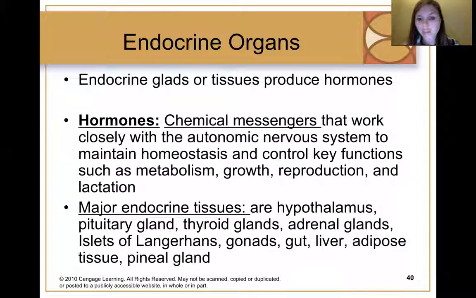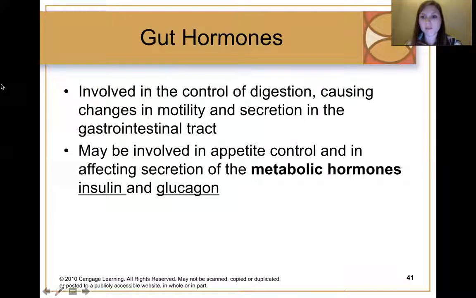So those are some of the major endocrine tissues that will produce hormones to help maintain homeostasis and other physiological processes. Some of the major ones that we're going to talk about are a few of the major metabolic hormones. Gut hormones and metabolic hormones are involved in the control of digestion, changes in motility, and secretion in the gastrointestinal tract.